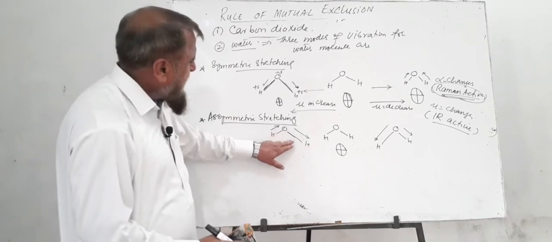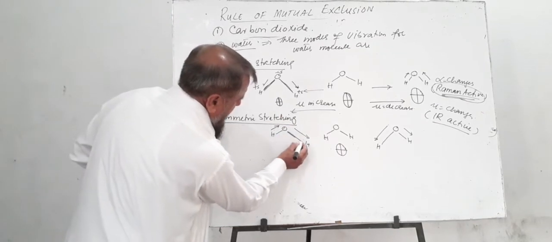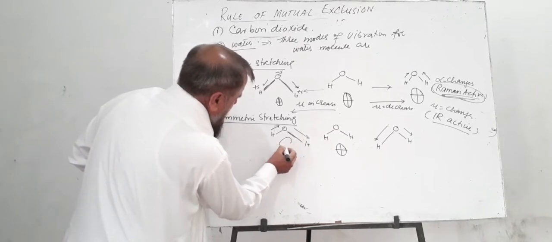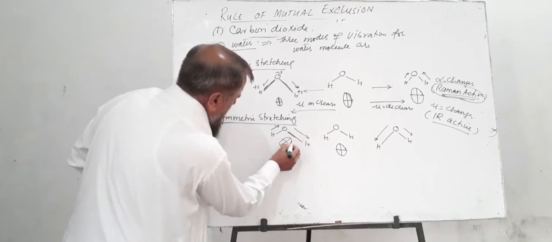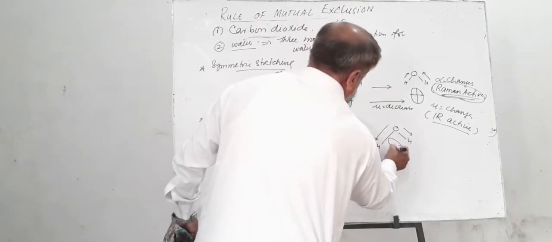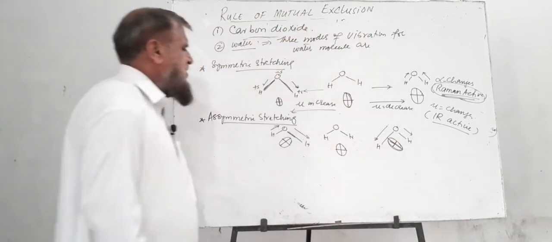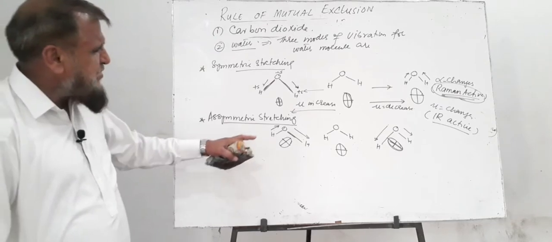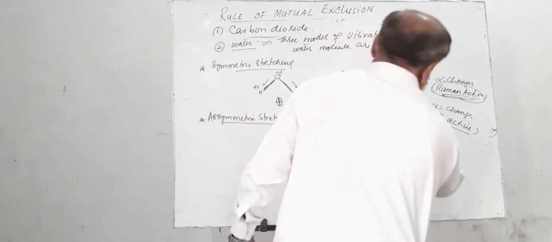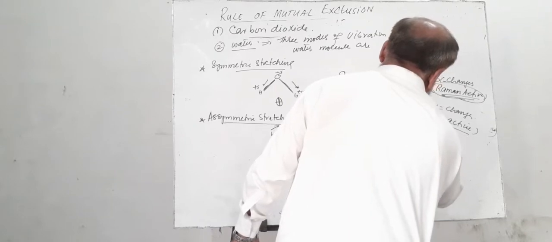Now, when one bond expands, the direction of the polarizability ellipsoid changes. As the direction of the polarizability ellipsoid changes during this vibration, we say that polarizability changes and this vibration will be Raman active.